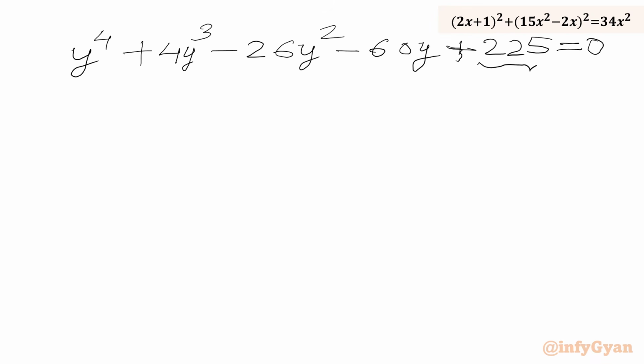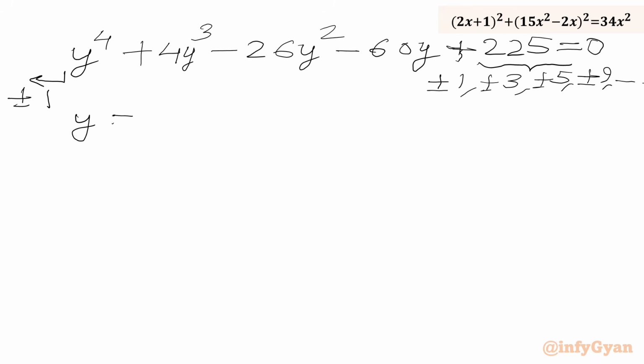So I need to find the eligible factors of 225, which will be ±1, ±3, ±5, ±9 and so on. The leading coefficient is 1, so we will write here ±1 only. Now we will take the ratio of constant to leading coefficient, and in this series, if I check our equation at y equal to 1, we get 1 + 4 − 26 − 60 + 225.